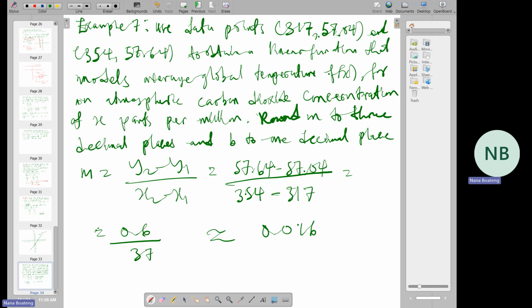So if we pick the second pair of points, we'll have y minus y1, which is 57.64, is equal to the slope, which is 0.016, times x minus x1, which is 354.